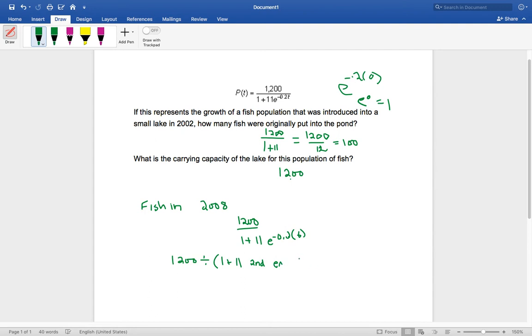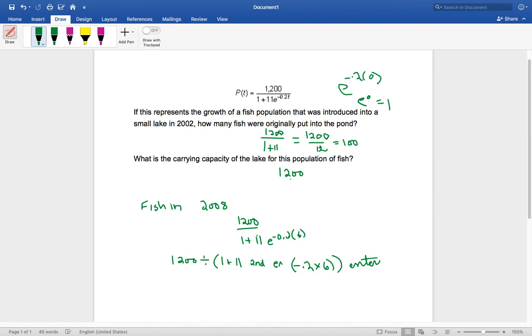I don't have the calculator in front of me. And then use parentheses, negative 0.2 times 6. Close that parentheses, but then you also have to close the parentheses that says the denominator is all together, and then enter. Like I just told you, I don't have my calculator, so figure that out. I'll bet you anything it's less than 1,200.